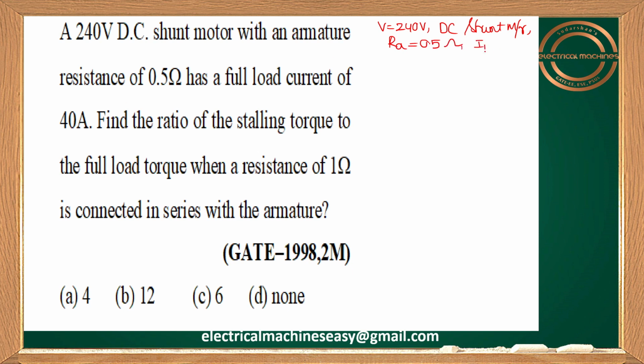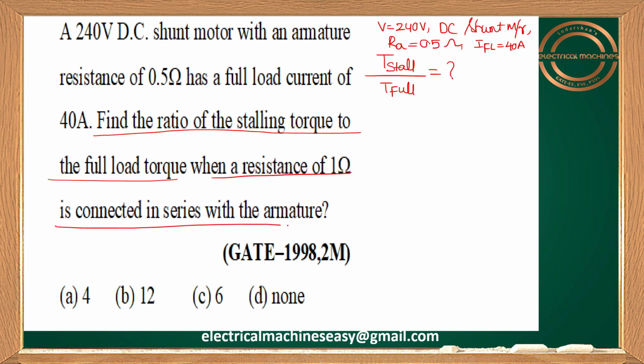Now what is he asking? Find the ratio of stalling torque to full load torque, T stall by T FL, when a resistance of 1 ohm is connected in series with the armature. So the extra resistance connected in series with the armature is 1 ohm, right?